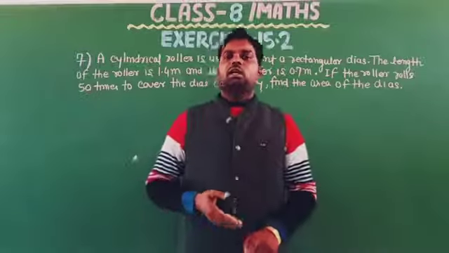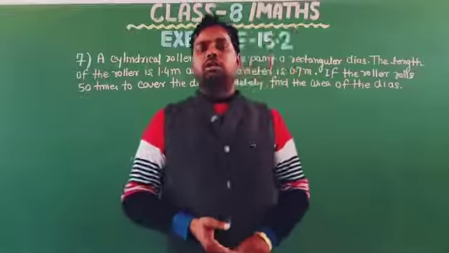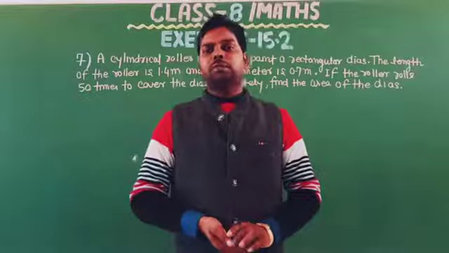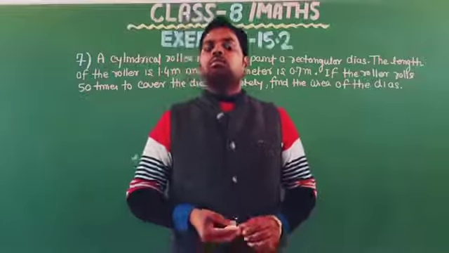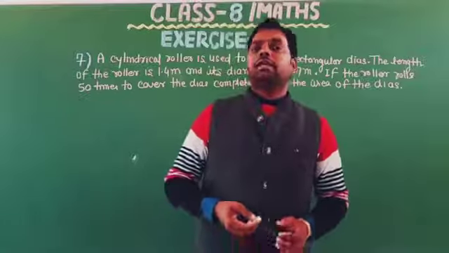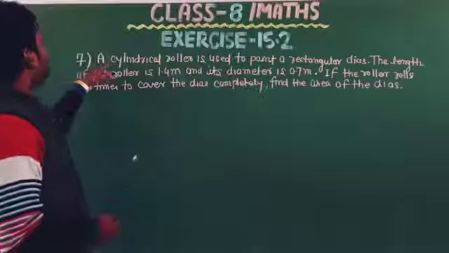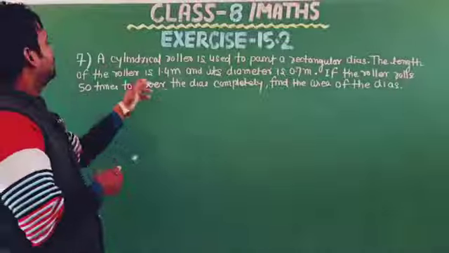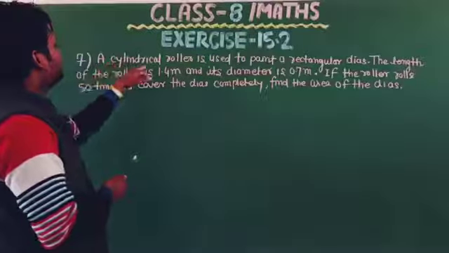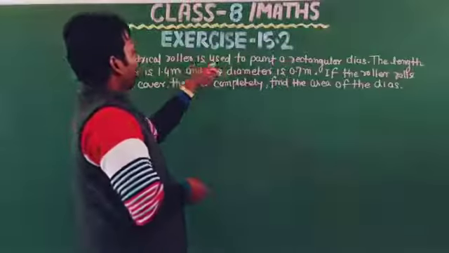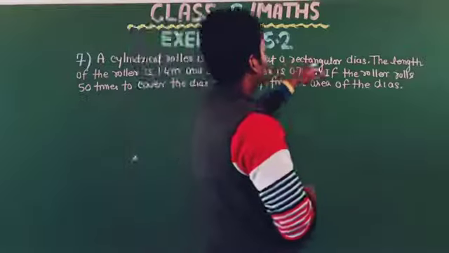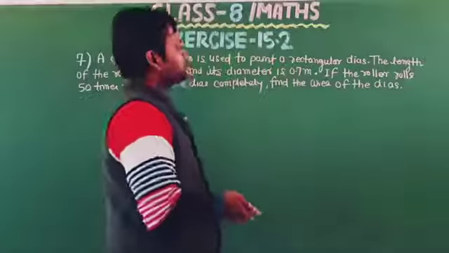Hello student, I am back with question number 7 of exercise 15.2, volume and surface area. In this question it has been said that a cylindrical roller is used to paint a rectangular dash.